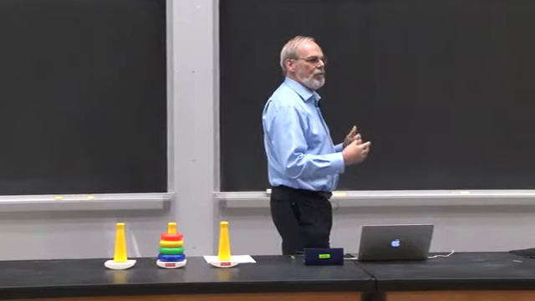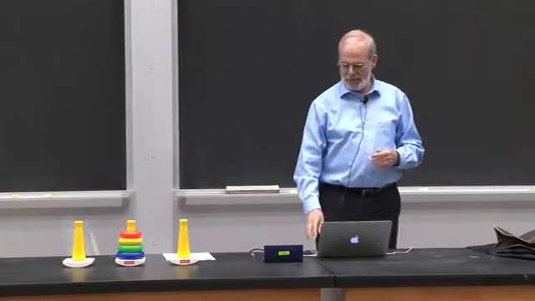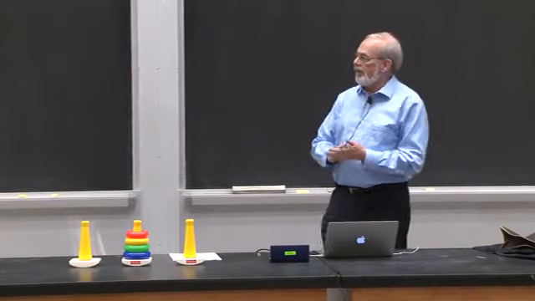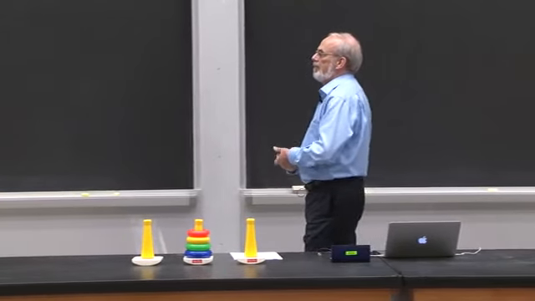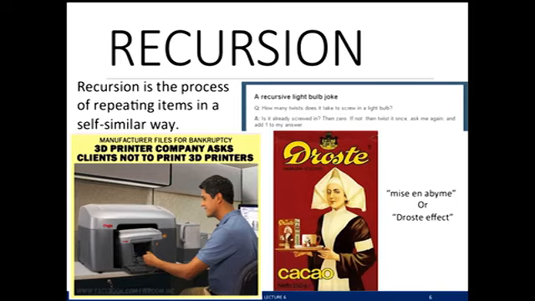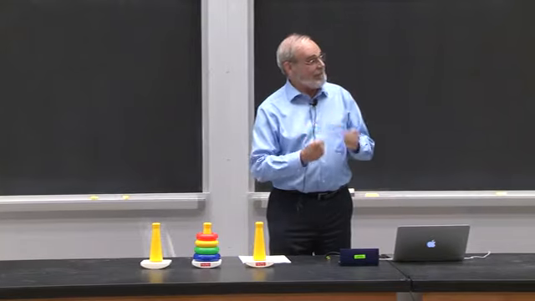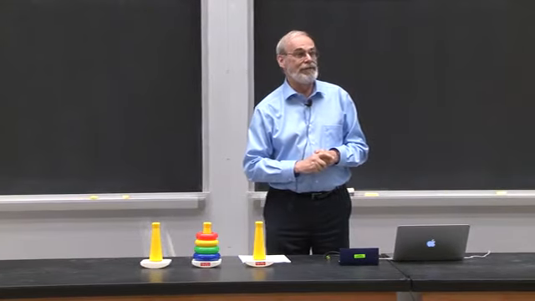And of course, one of the things you want to think about in recursion is not to have it go on infinitely. And yes, there are even light bulb jokes about recursion. If you can't read it, it says, how many twists does it take to screw in a light bulb? And it says, if it's already screwed in, the answer is 0. Otherwise, twist it once, ask me again, add 1 to my answer. And that's actually a nice description of recursion.